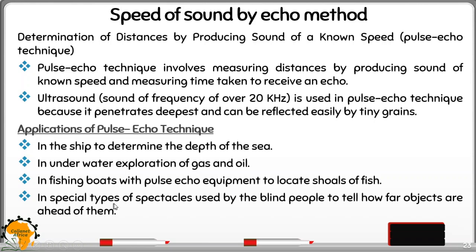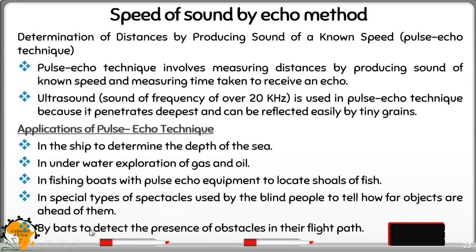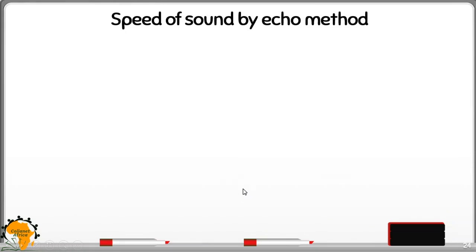It is used in a special type of spectacles, and these ones are used by blind people so that it can tell them how far the objects are ahead of them. Then it is used by bats to detect the presence of obstacles in their flight path.